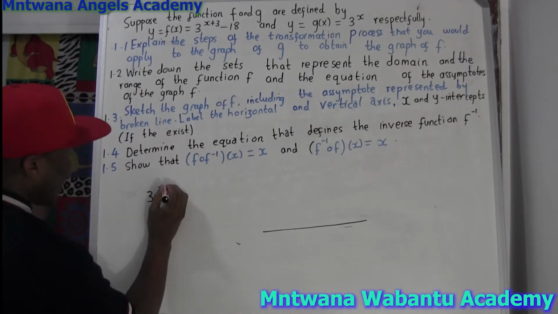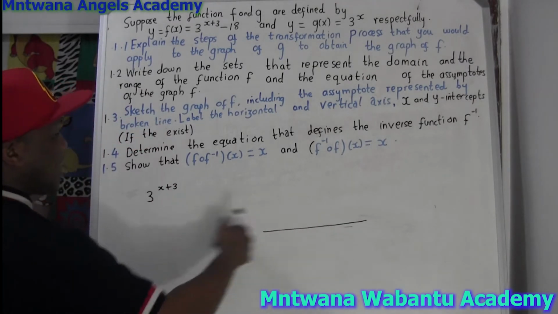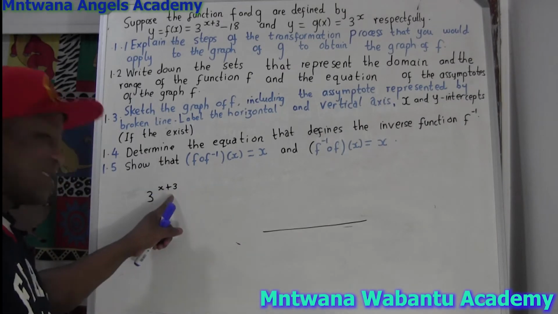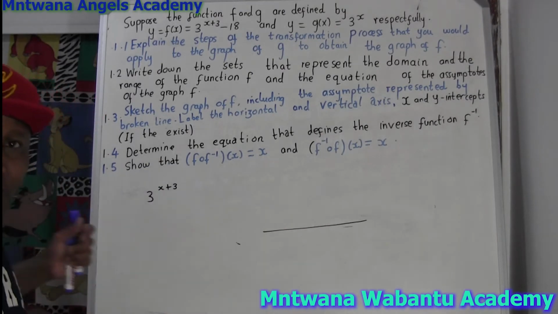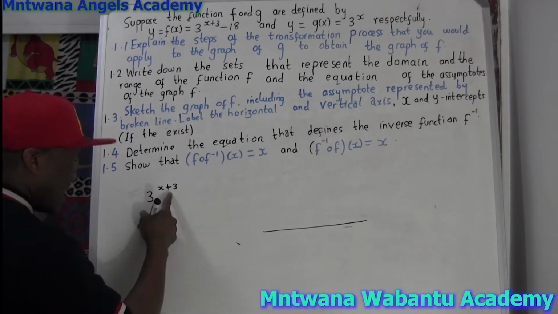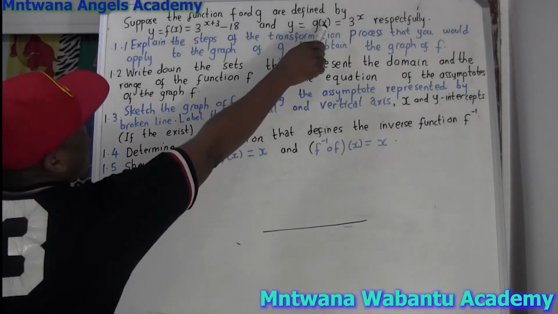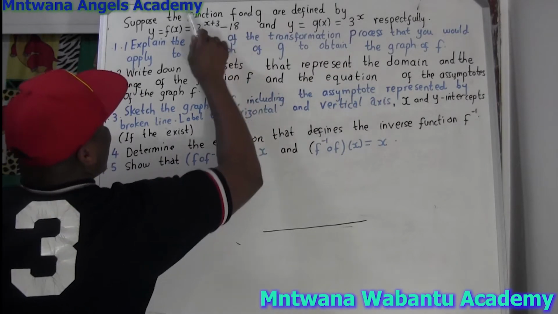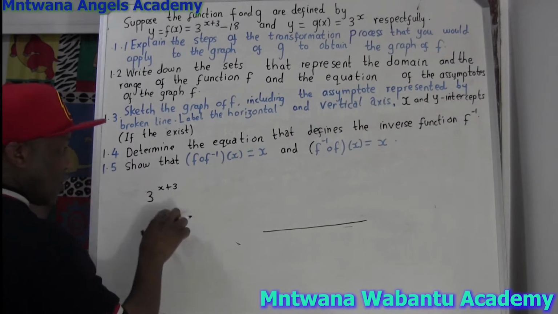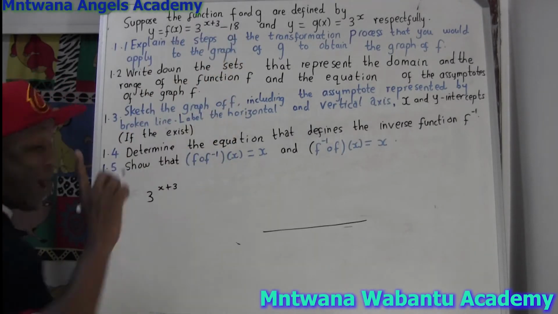So when you plus 3 means you move to the left. When you plus, it moves to the left. It's like you say other way around. So for g, plus 3 means it was moved 3 units to the left horizontally.